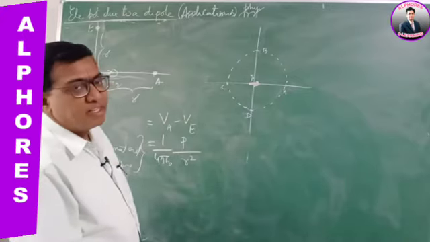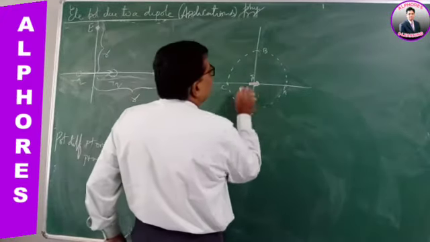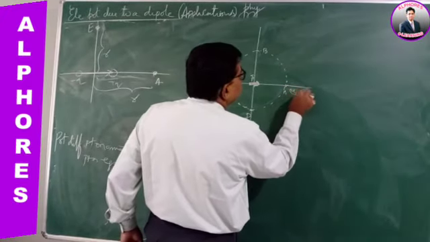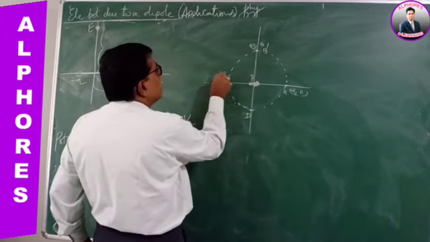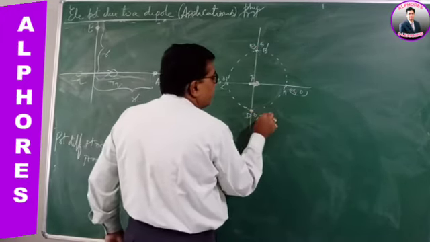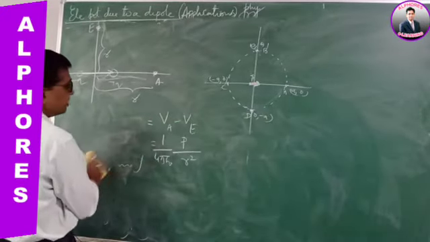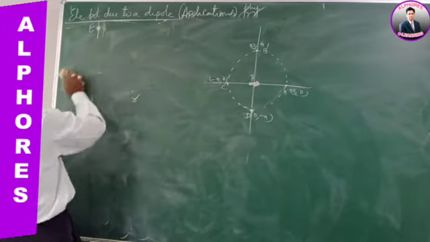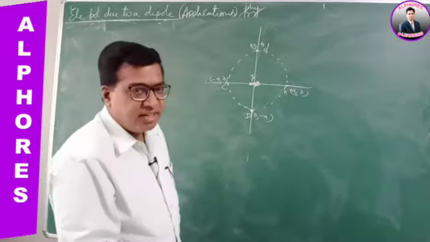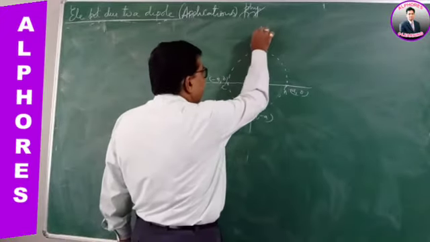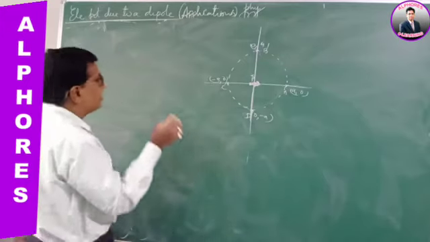Then he is asking to find the potential difference between various points. Suppose this point is A comma 0, this point is 0 comma A, this is minus A comma 0, and this is 0 comma minus A. If he is asking you to find the potential difference between B and D, B and D lie on the equatorial line. At all the points on the equatorial line, the potential is 0.